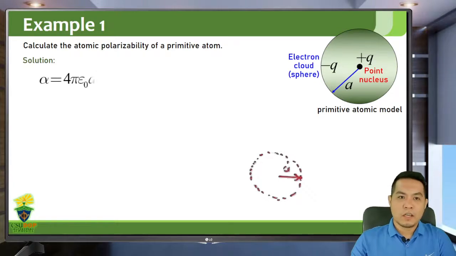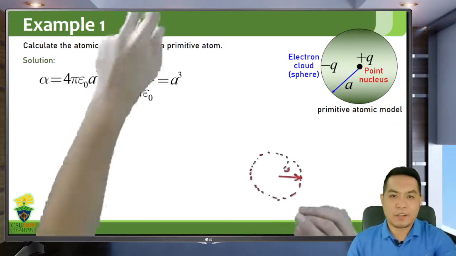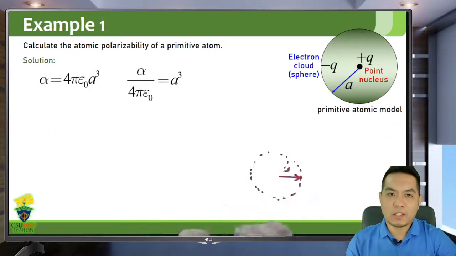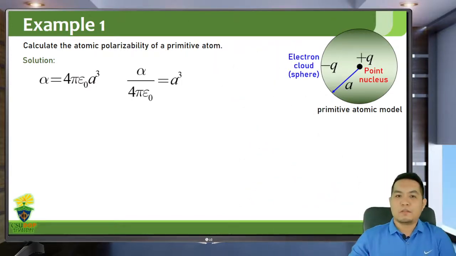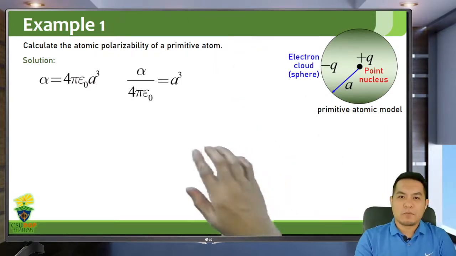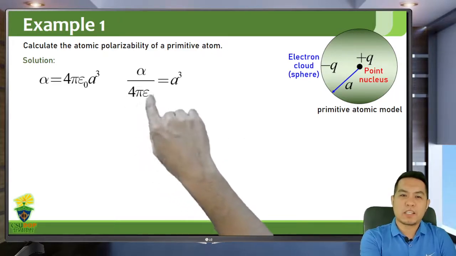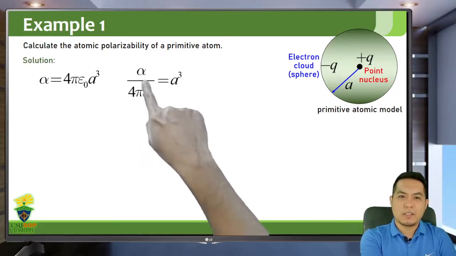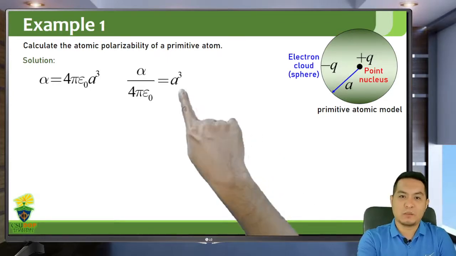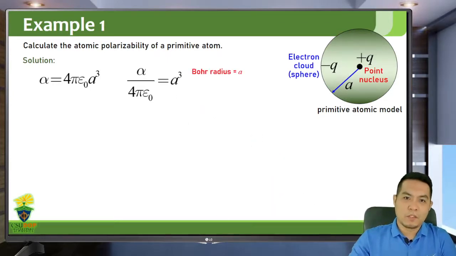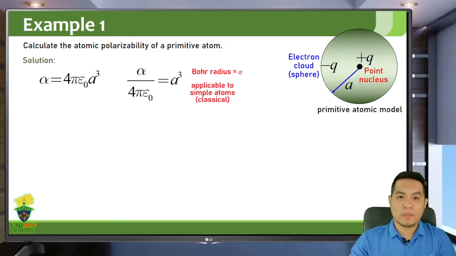In some conventions, they write polarizability in terms of a cubed. Since 4 pi epsilon naught is just a constant, the polarizability is essentially similar to a cubed, where a is usually what we call the Bohr radius.